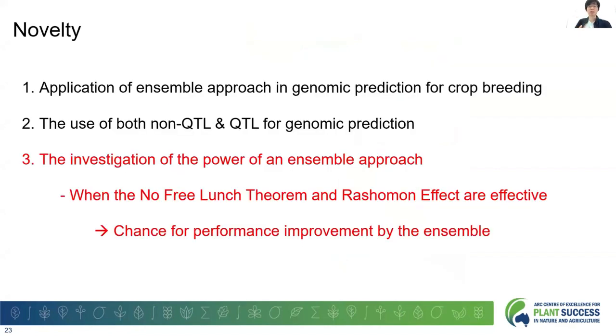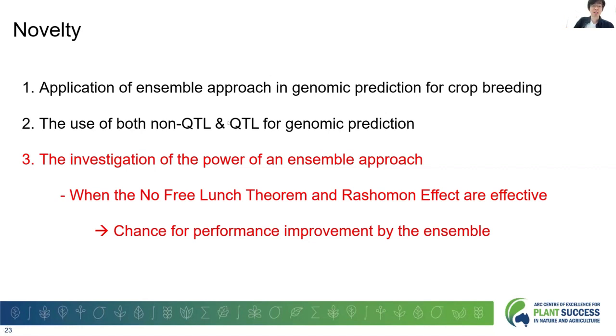From those interesting key findings, we can point out three novel points from our research. The first is the application of the ensemble approach in genomic prediction for crop breeding. The second one is the use of both non-QTL and QTL markers for genomic prediction. I was able to achieve relatively higher prediction accuracy for both traits by using both single and ensemble approaches.